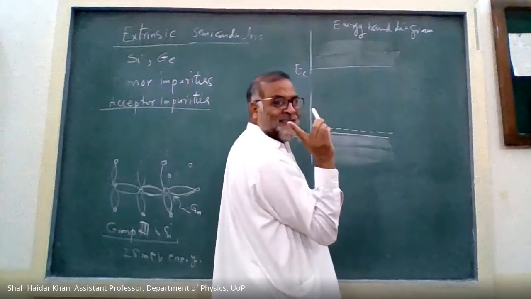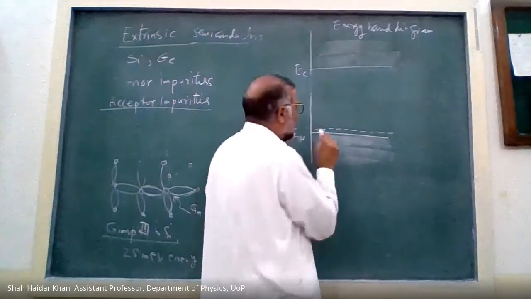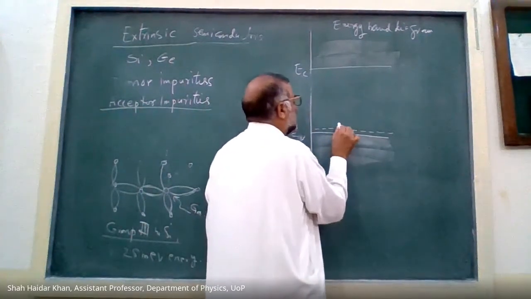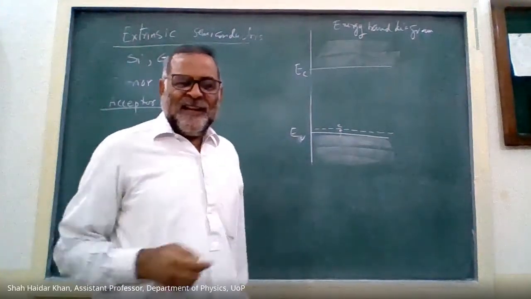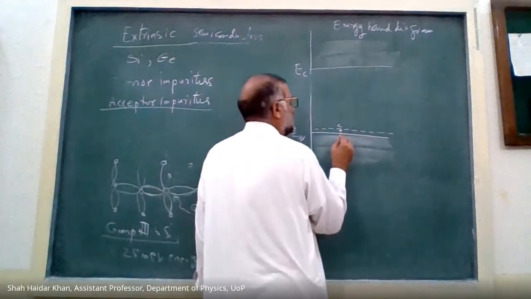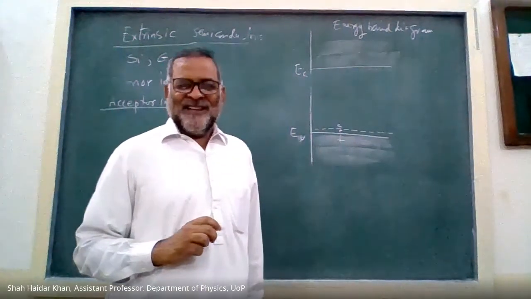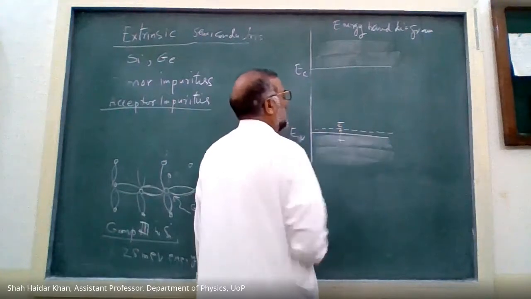What happens when there is a small heat, that is, room temperature? An electron will jump from here to here. When an electron jumps, a positive hole will be created, and this level will get ionized. So here there will be a negative charge.